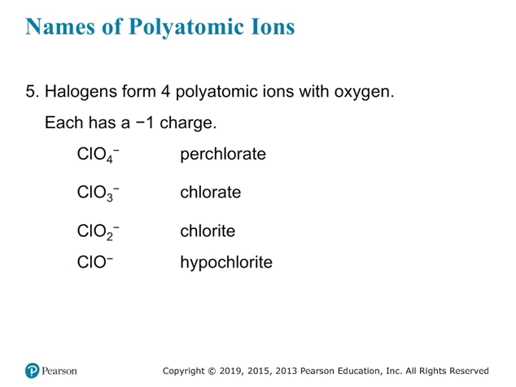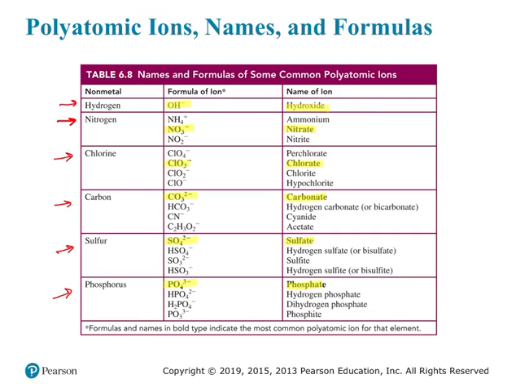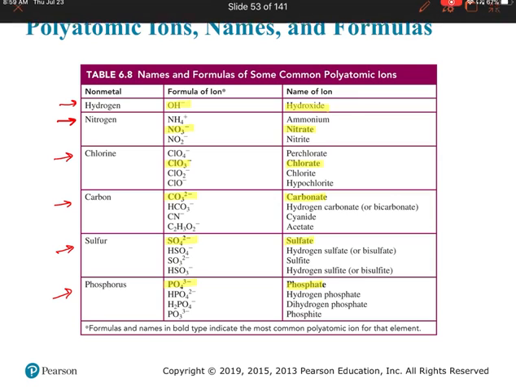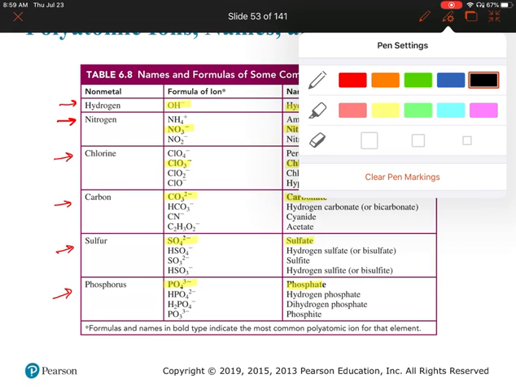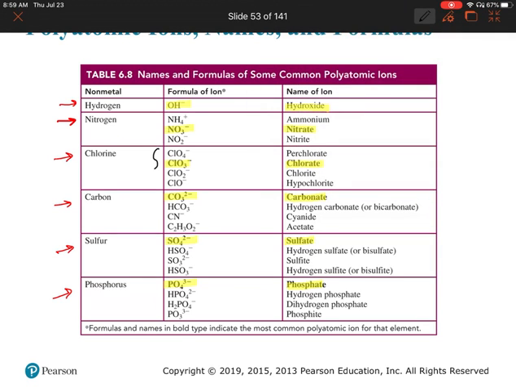Now, the last rule for naming these polyatomic ions. If we go back to our table, you'll notice that in the category for chlorine, we have chlorine bonded to a different number of oxygen atoms: ClO4 minus, ClO3 minus, ClO2 minus, and ClO minus.